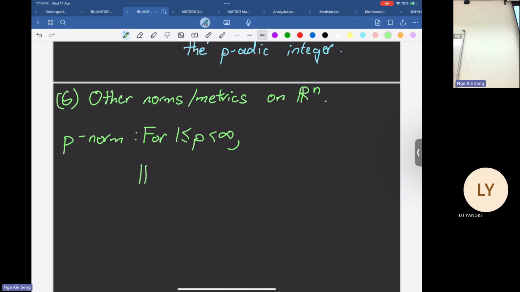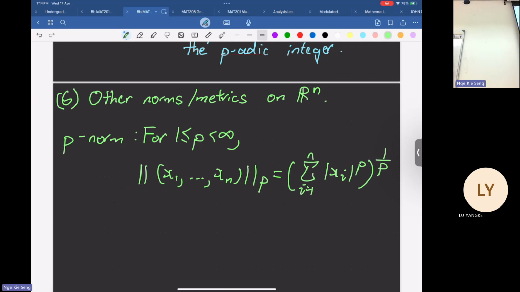If you give me a vector, because the difference of two vectors is still a vector, I just tell you how to compute the norm for this vector. I take the p-th power of every component, add them up, and then take the p-th root. And this is what we call a p-norm.